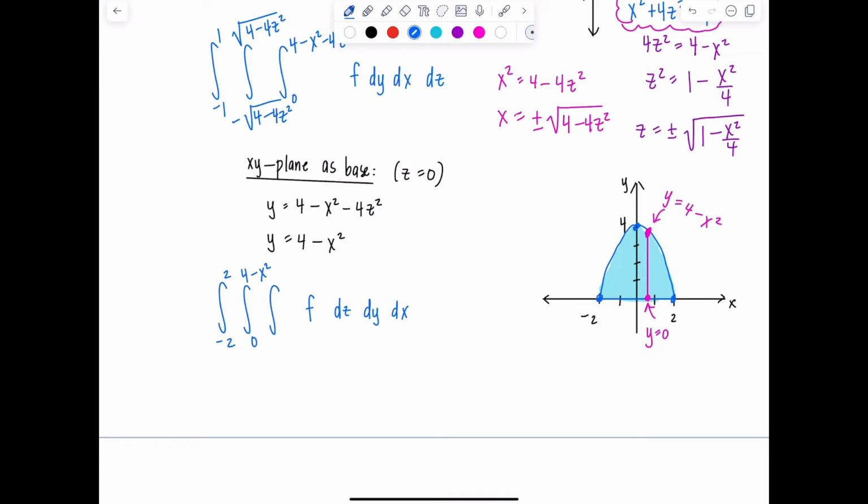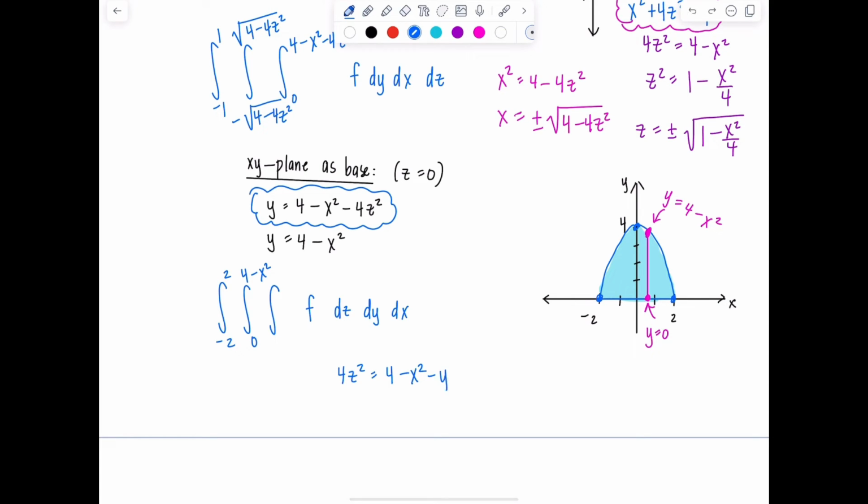And then now limits for z, you got to look back at your original equation, your paraboloid, which was right here. Solve for z. So that's going to give us 4z squared equals 4 minus x squared minus y squared.